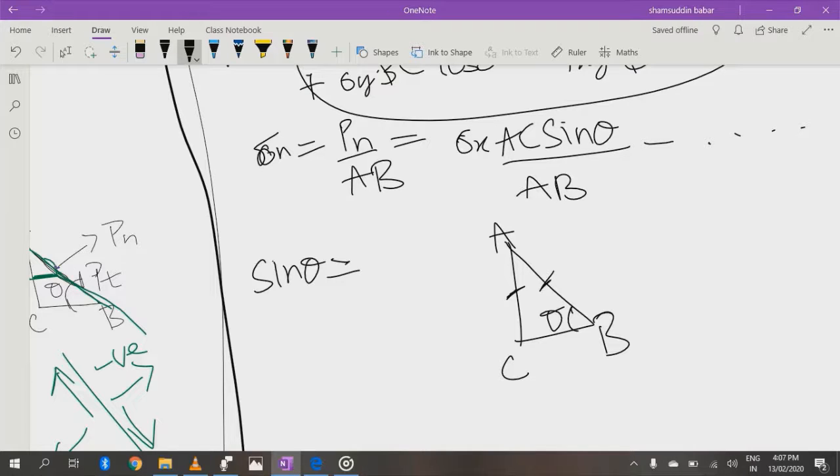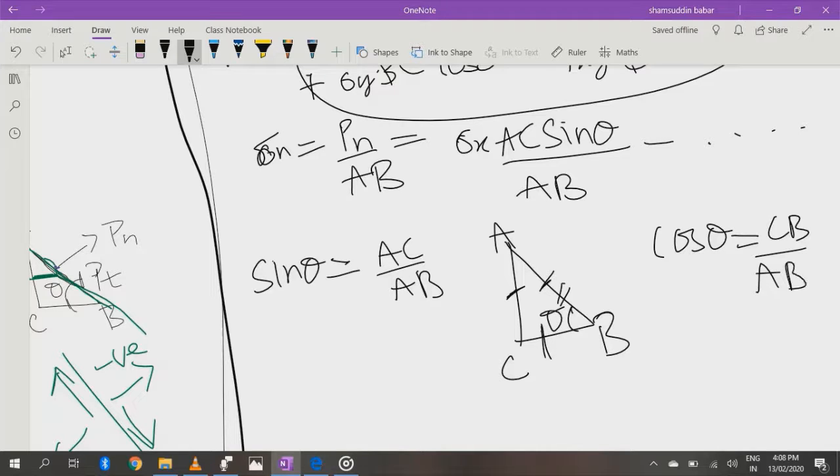Sine theta is equal to perpendicular upon hypotenuse, meaning AC over AB, and cos theta is equal to base upon hypotenuse, meaning CB over AB.